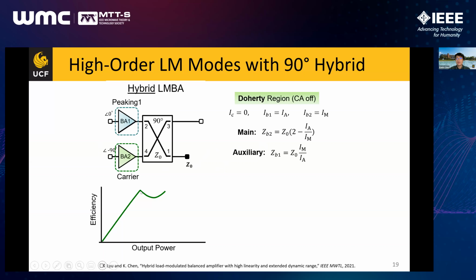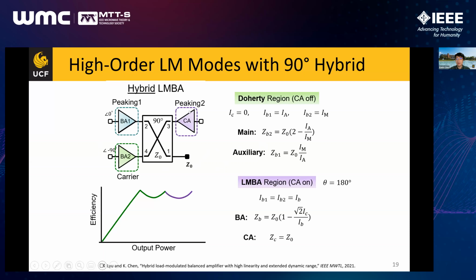Then once they reach saturation in the middle of the backoff range, we turn on the peaking device. At this range, the carrier and BA1 are both saturated and rebalanced so that after turning on the secondary peaking device, the second load modulation range is exactly equivalent to this LMBA with this design equation.